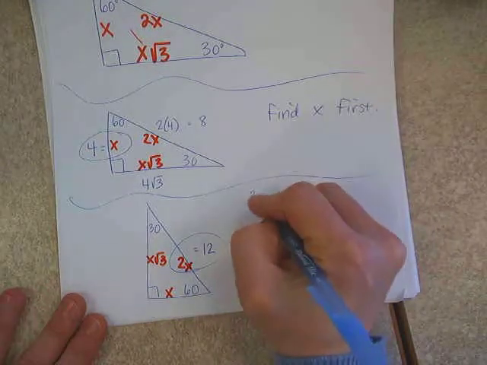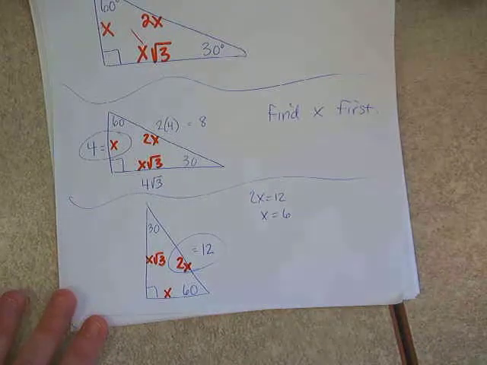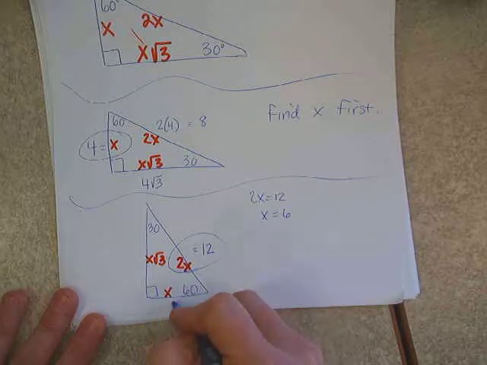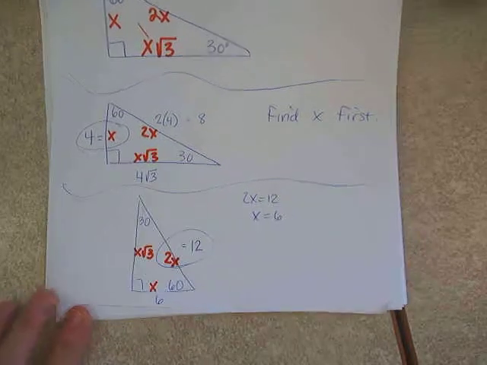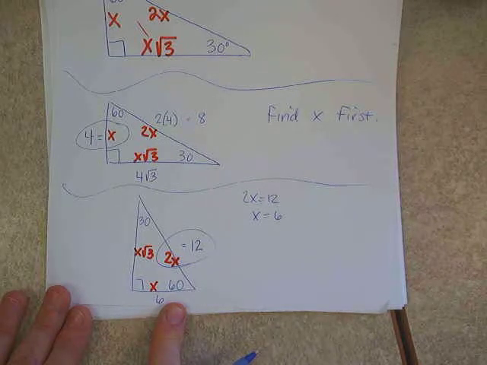Right, so we start with the piece that we have. If 2x equals 12, divide out 2, and x must be 6. So you can go over to the side that would represent your x, and that would have to be 6.